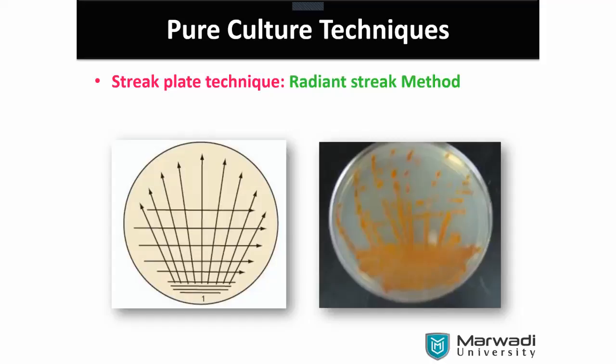Colonies that are sticking here and there will then be distributed evenly in the other place. So here you can see it is called the radiant method. That is the distribution of distance, and you can have it in any format or various forms.